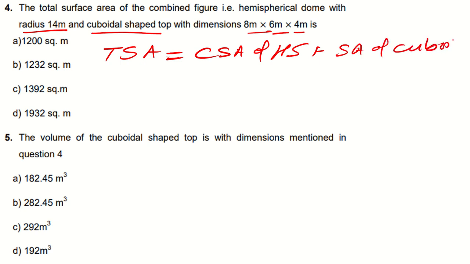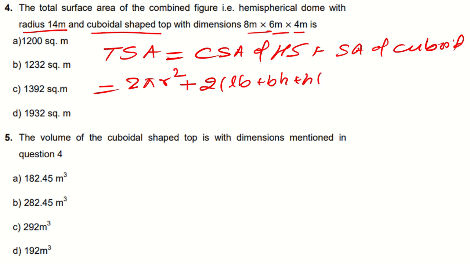So what will it be? The curved surface area of the hemisphere is 2 pi r squared, no problem in this, plus the surface area of the cuboid. I told you that the surface area of the cuboid is 2 times LB plus BH plus HL.